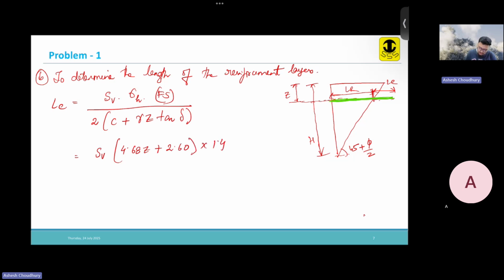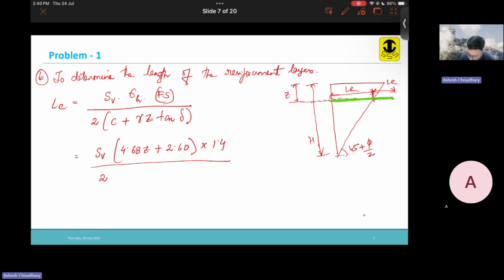Into factor of safety, I think 1.4 again, divided by 2 times LE times C plus gamma Z tan delta, the frictional resistance that is developing here. The 2 is because the upper surface and bottom surface, two surfaces, are in contact with soil. So we have 2 times LE.